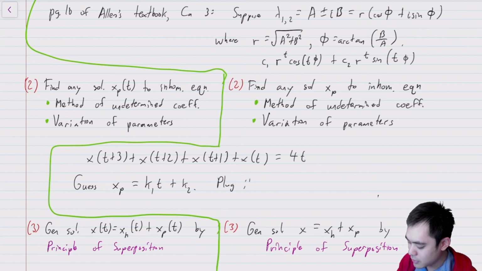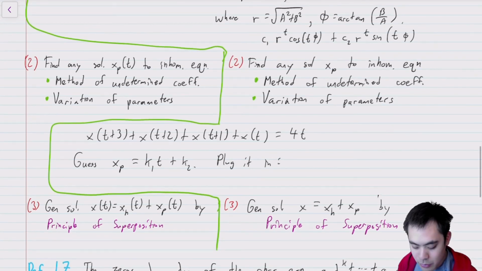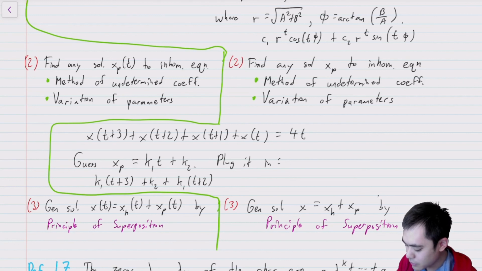If we plug in t plus 3, that's k1 times t plus 3 plus k2, plus k1 times t plus 2 plus k2, plus k1 times t plus 1 plus k2, plus k1 times t plus k2, is equal to 4t.